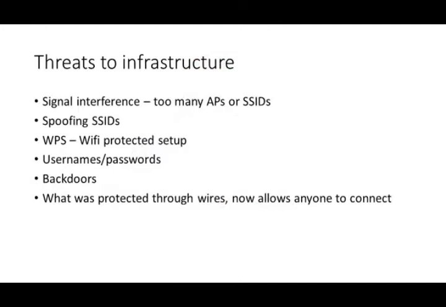Threats to infrastructure. Signal interference, when there's too many access points or SSIDs up. If I have a 2.4 gigahertz access point and I'm in an apartment building, for example, and I see 20 different access points all over the place, we may put our power very low, or we may want it really high to make sure that we can broadcast and kill the other signal from our neighbors.